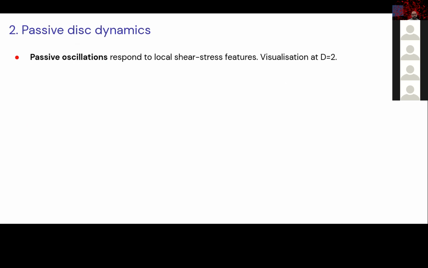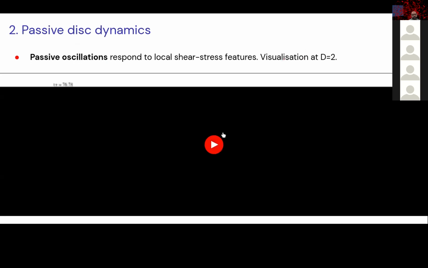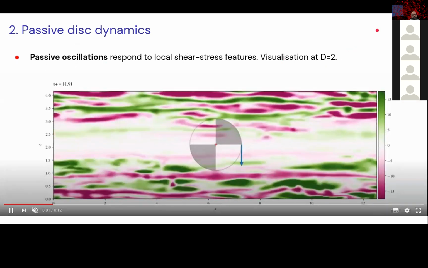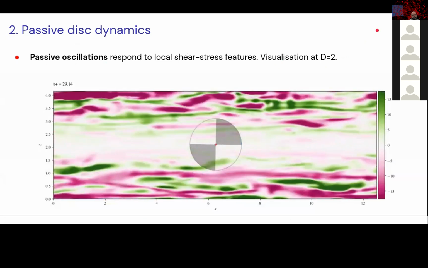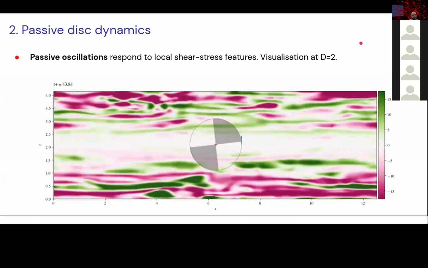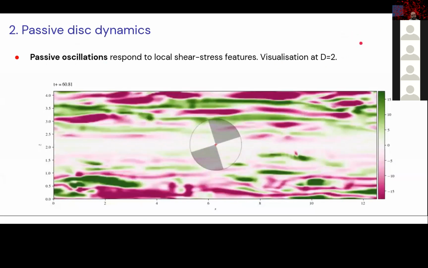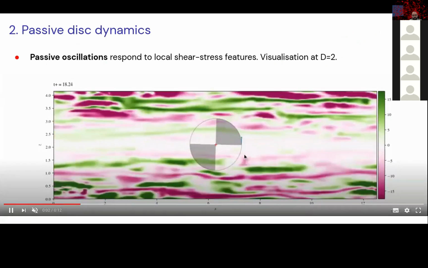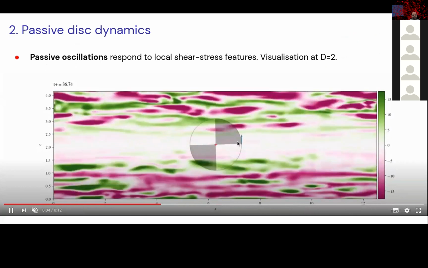We have also an animation to see what happens. So this is essentially the simulation we ran. And as you can see here, we see the streamwise velocity gradient streaks, and the blue arrow shows the torque acting on the disk.